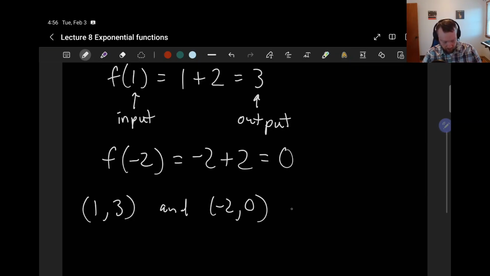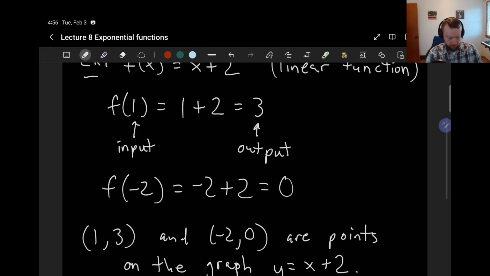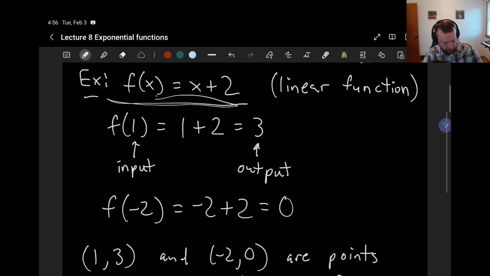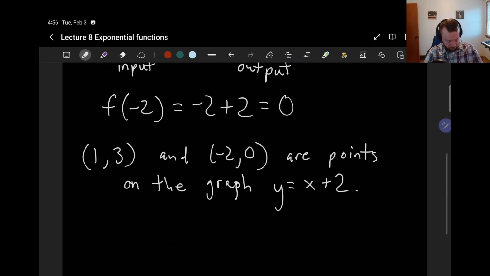So these are points on the graph. y equals x plus 2. Notice that y is taking the place of f of x here. So that's what happens when you graph.